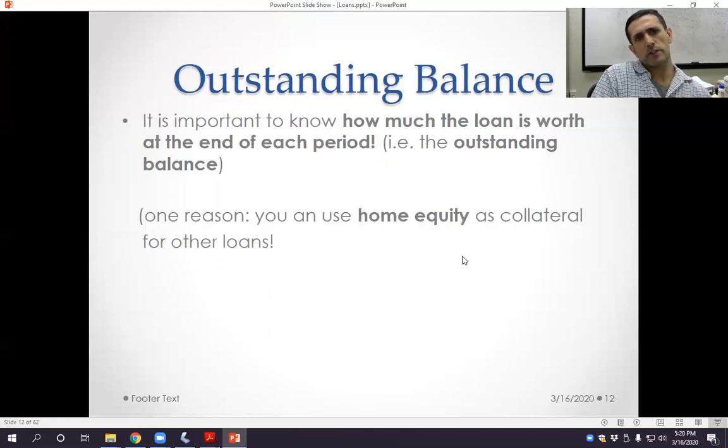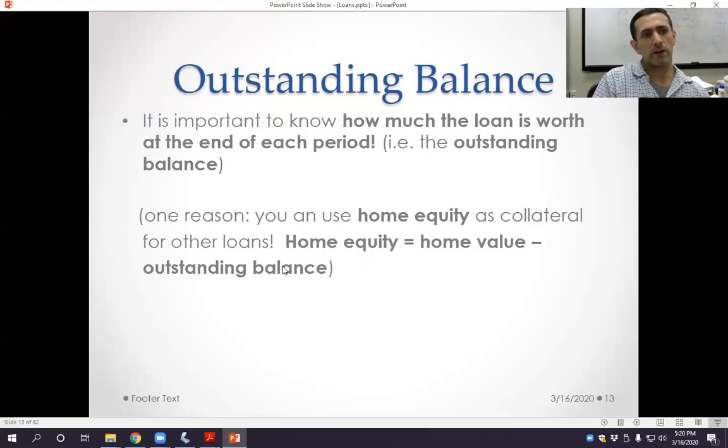Another reason you might want to know your outstanding balance is if you want to take out another loan; in general, you can use home equity as collateral. I'm sure you've heard people say, buy a house and start building equity. That's exactly what I mean by home equity, and that is the home value minus the outstanding balance.